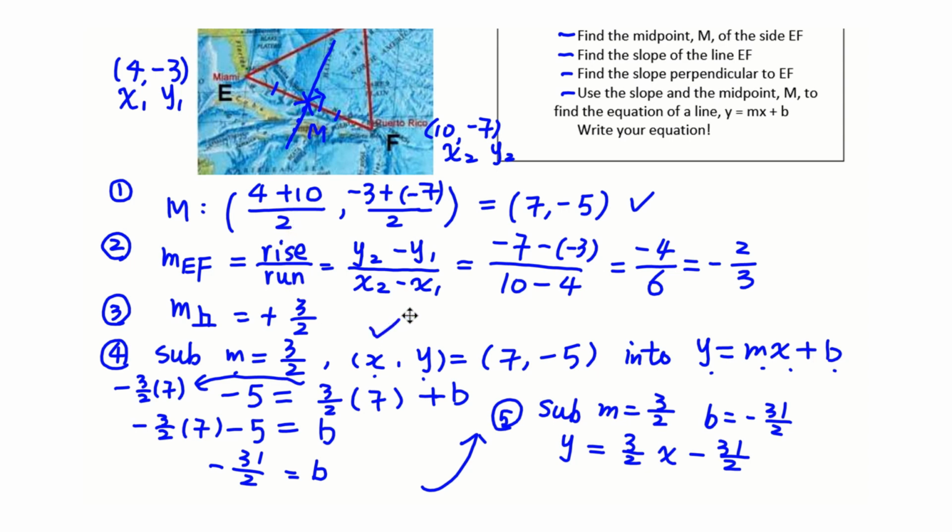And for the perpendicular bisector, you need to find the midpoint of the 2 points, then find the slope between the given 2 points, then opposite flip, the negative reciprocal, to find the perpendicular slope. Then you use the midpoint and also the perpendicular slope, sub into y equals mx plus b, solve for b, then sub the final m and b into y equals mx plus b to find the equation of the perpendicular bisector.